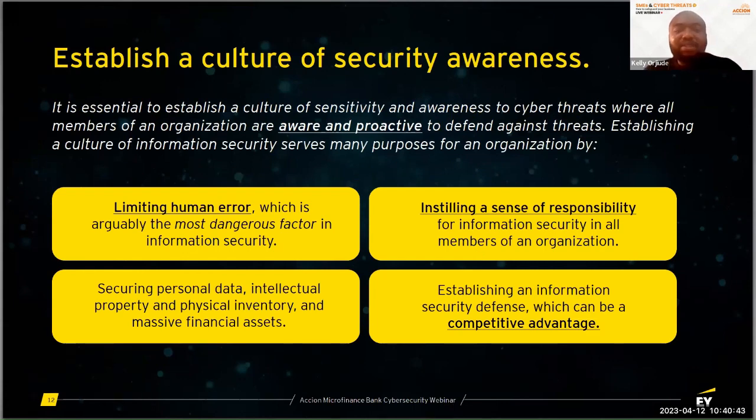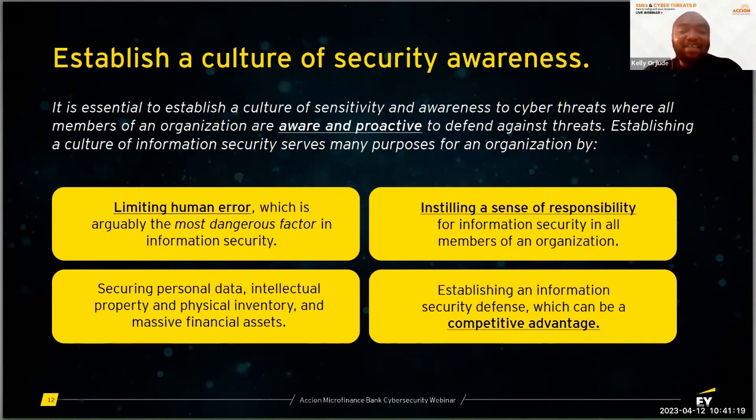So to strengthen this security when it comes to your weakest link, it is very important to have a culture of security awareness, a culture where people understand what the impact of their actions or inactions are when it comes to security. People should actually be the first line of defense. That means when an email is sent to you, you should properly scrutinize that email to be sure that someone hasn't sent you a virus or it's not a phishing email before putting your IT department or security in jeopardy.